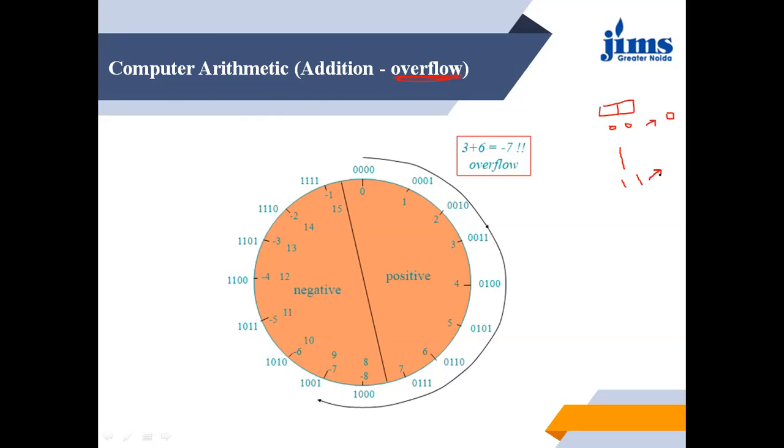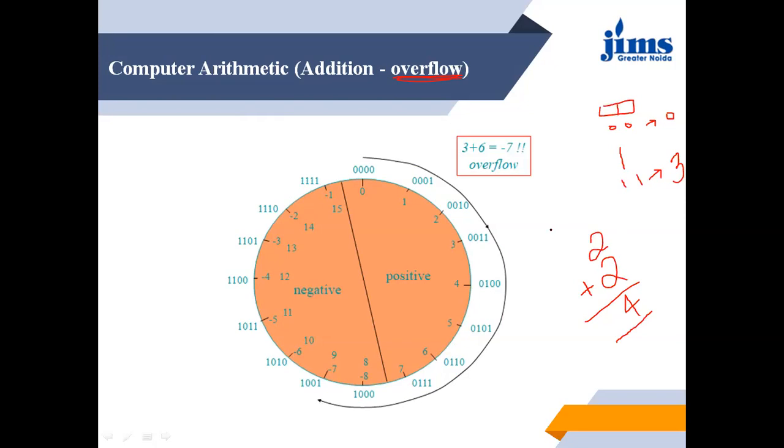So I can store 0 to 3. But if I get the result of the addition of two numbers, for example, when I am adding 2 and 2, then I am getting 4. But we cannot store a 4 in a 2 bit number. So this is called overflow. Means when the result is more than the value that we can store, that's the overflow.